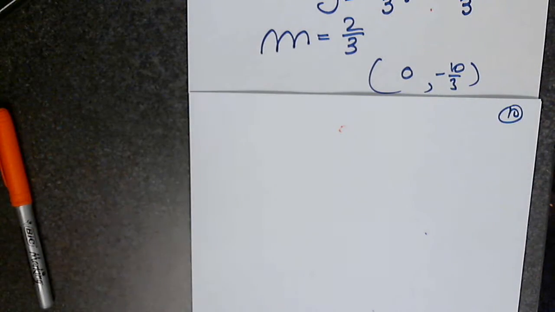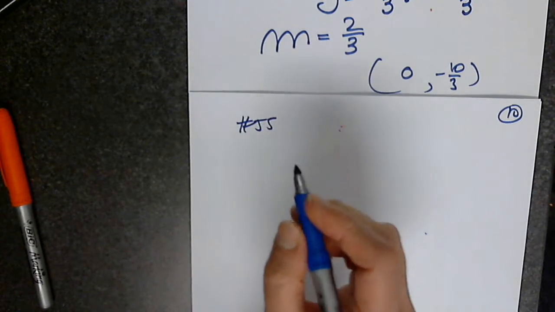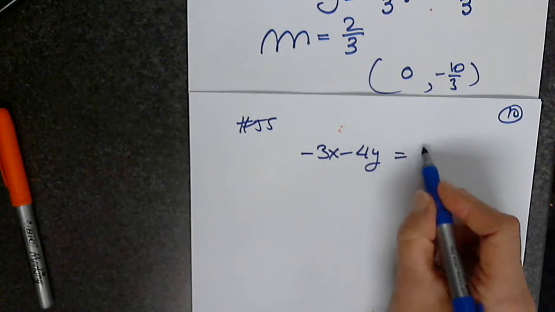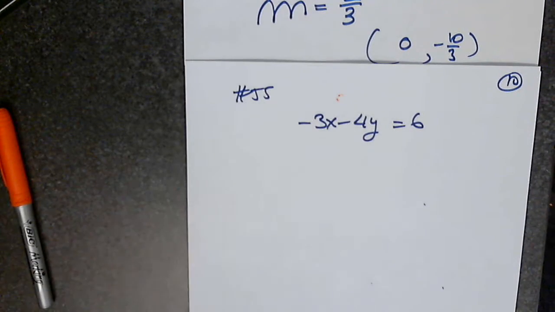Okay, let's choose another. Let's say 55. -3x minus 4y equals 6. Same question. Find the slope and the y-intercept.